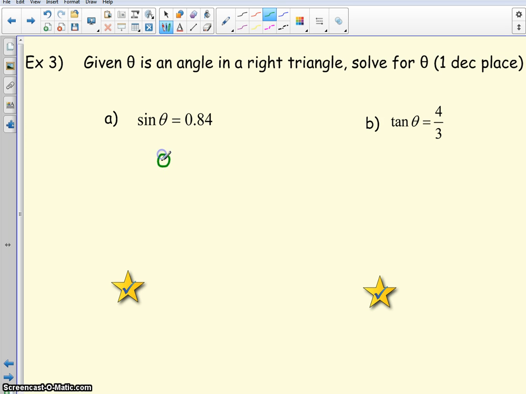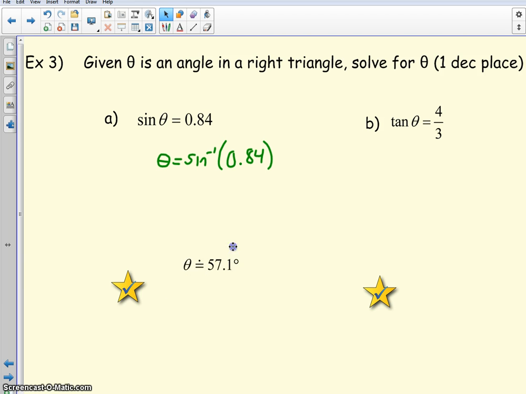So to isolate for the angle inside this equation, I'm going to take this sine inverse, or the inverse sine, of 0.84. And you can usually find this on your calculator above the sine button. So you look for it there, type in sine inverse of 0.84, and what that should tell you is that an angle of 57.1 degrees will create a ratio of 0.84 between the opposite and the hypotenuse sides.